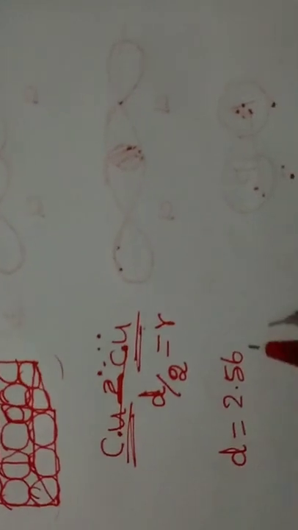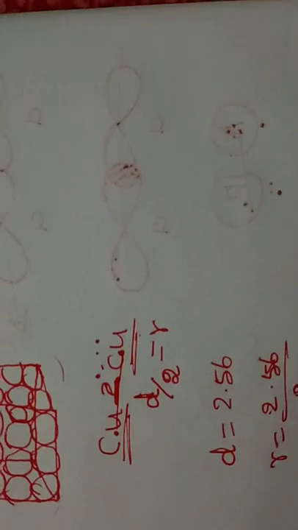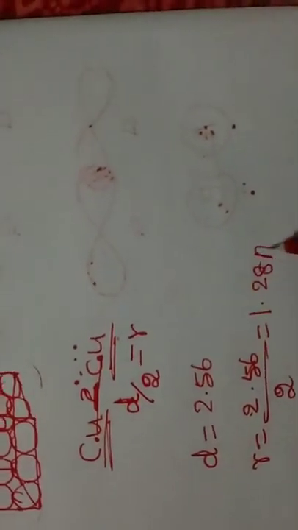So R is equal to 2.56 divided by 2, and you will get 1.28 angstrom. You already know the unit is angstrom, so put it at the end of that value.